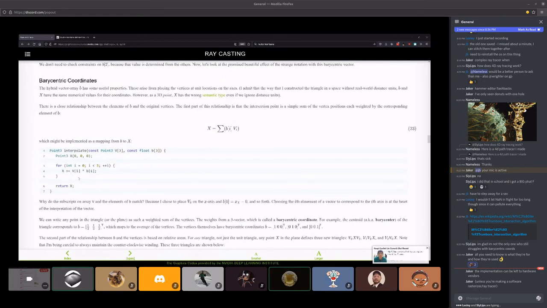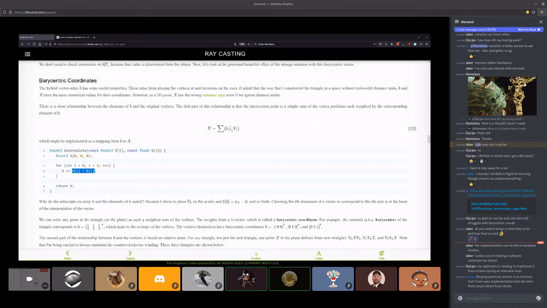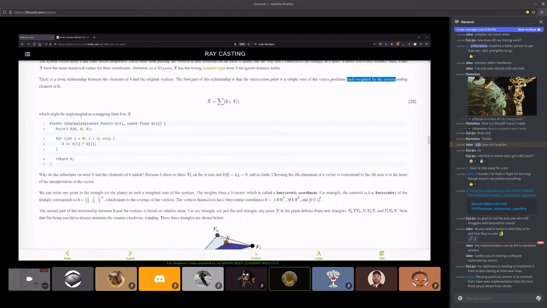I'm trying to comprehend what this was representing. Oh, it's this. X is the sum of B, a weighted sum of all the components in the vector. Oh yeah, that makes sense. Each weighted by the corresponding element of B.